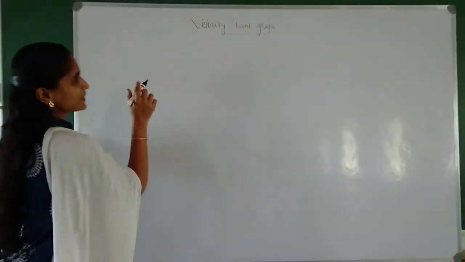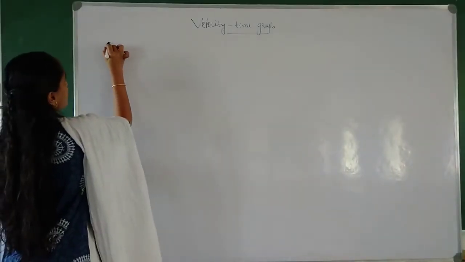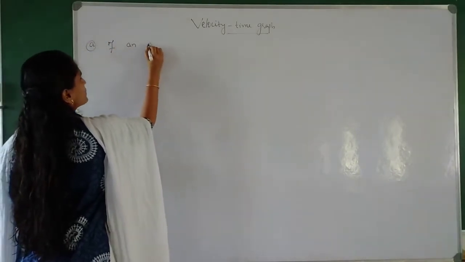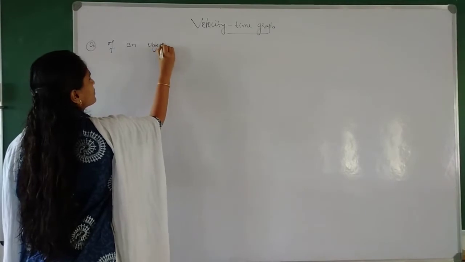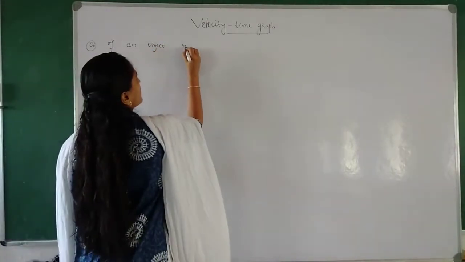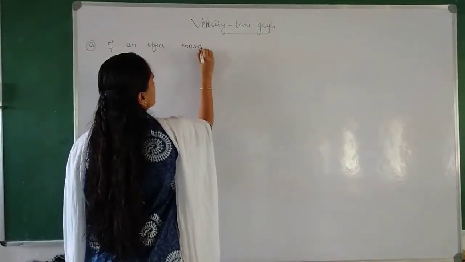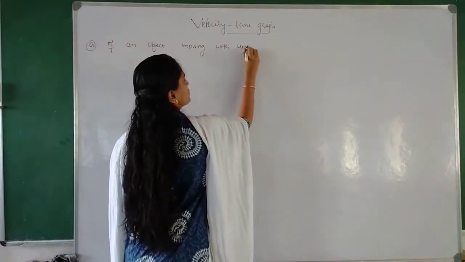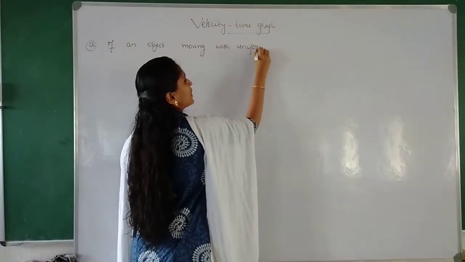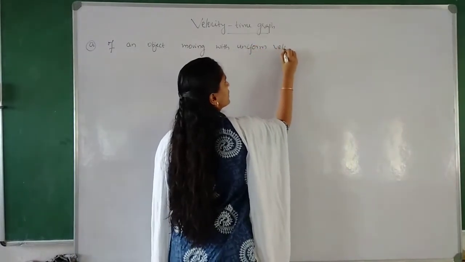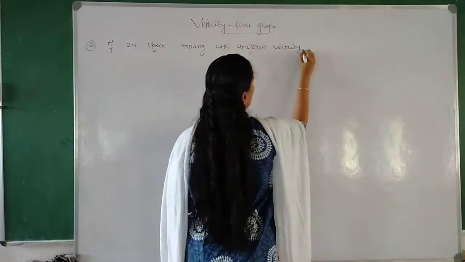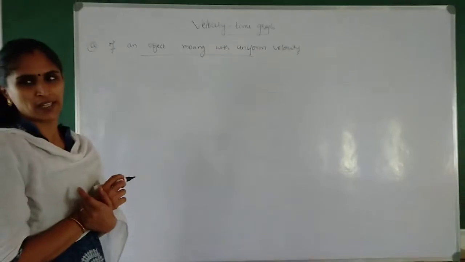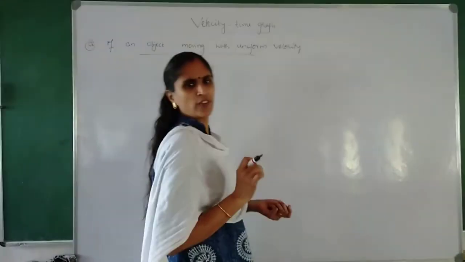Now we will consider the velocity time graph of an object moving with uniform velocity. What is meant by uniform velocity?